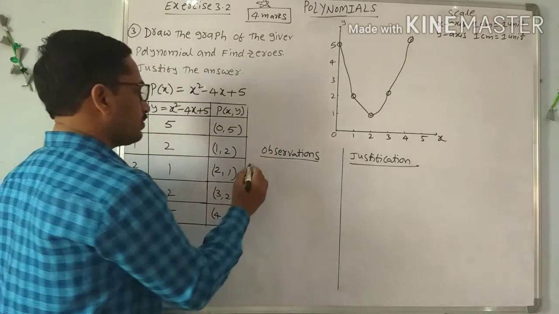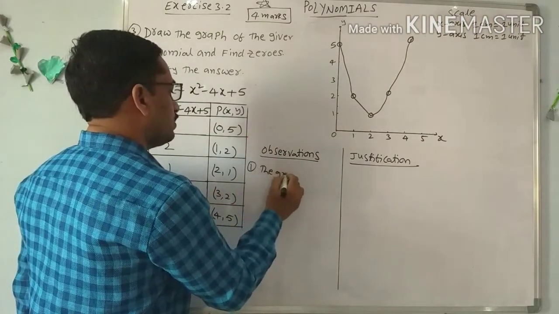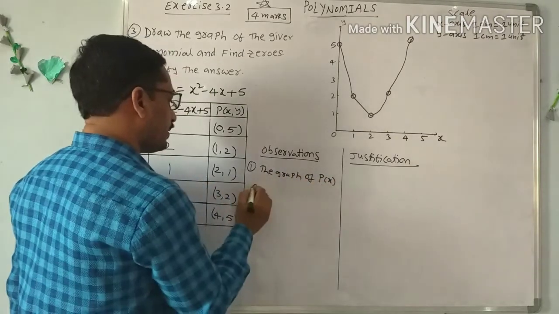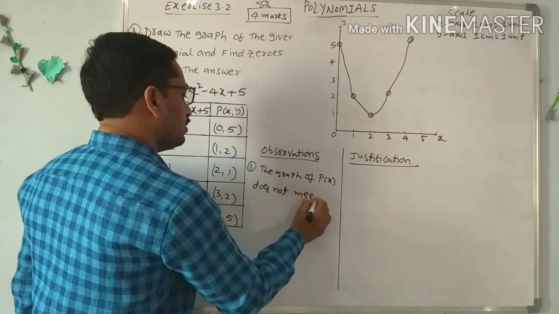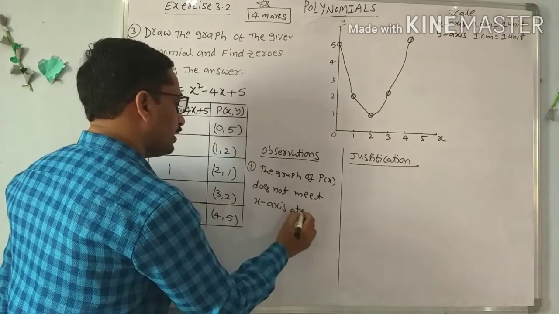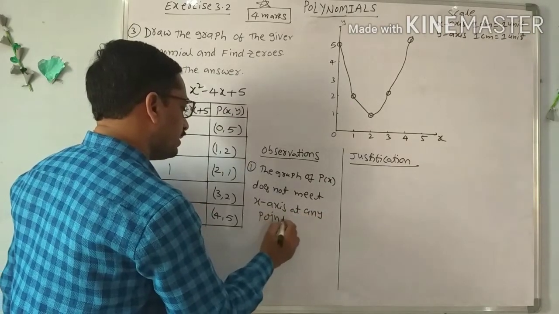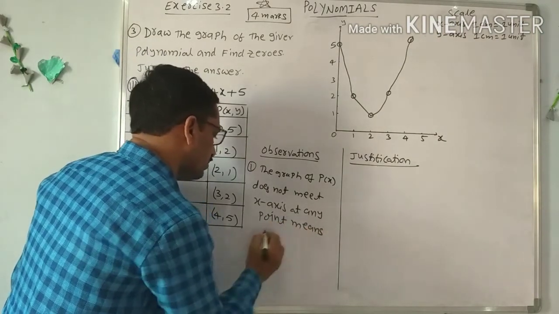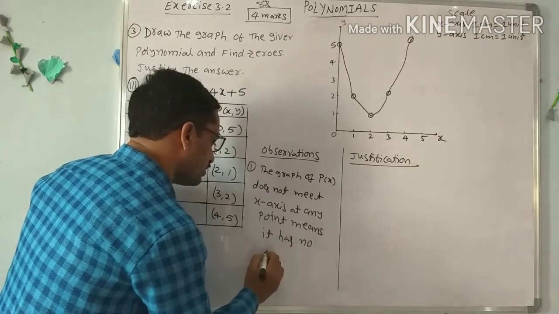So the first observation: the graph of p of x does not meet the x-axis at any point, means it has no zeros.